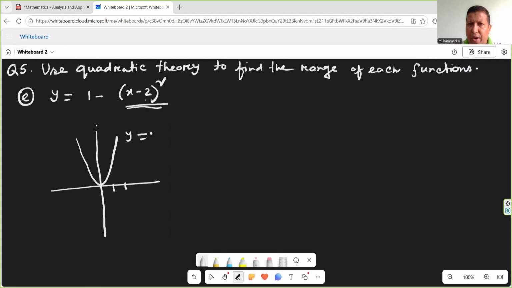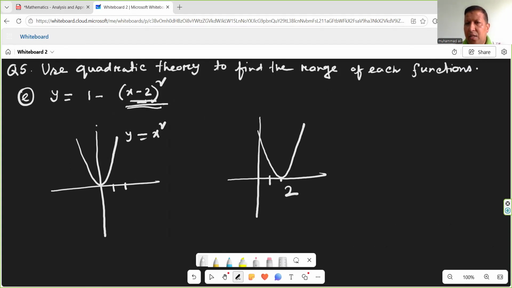This is y equals to x square. When x minus 2, that means it will pass through plus 2, 1, 2. This curve will be like this, and y value is 0, 4. Because if you put here x value 0, y is plus 4.